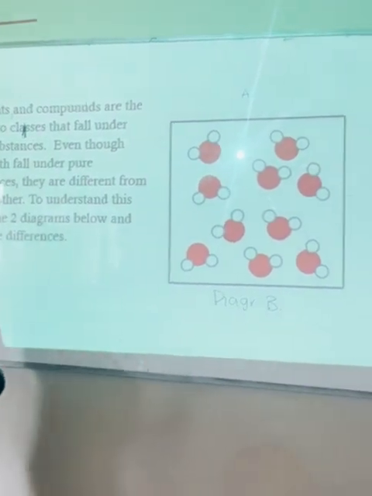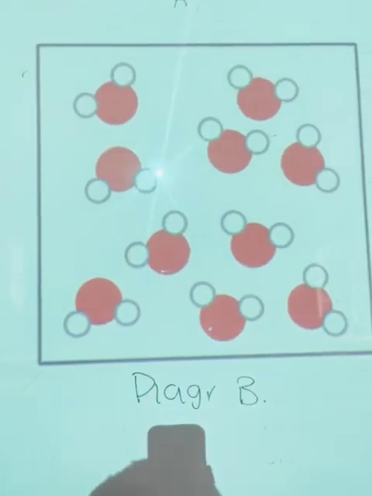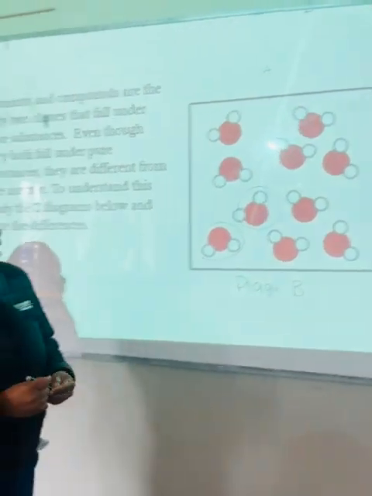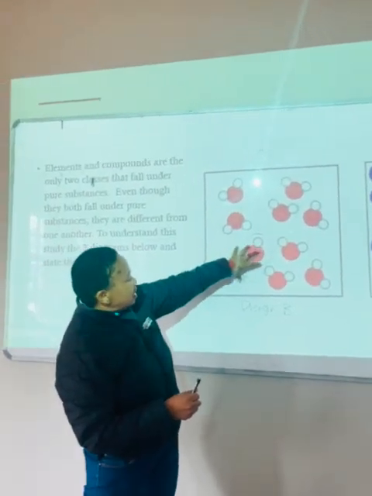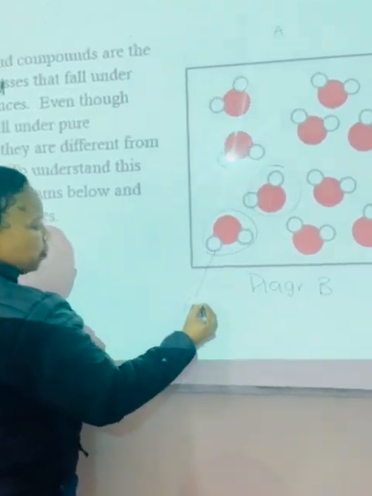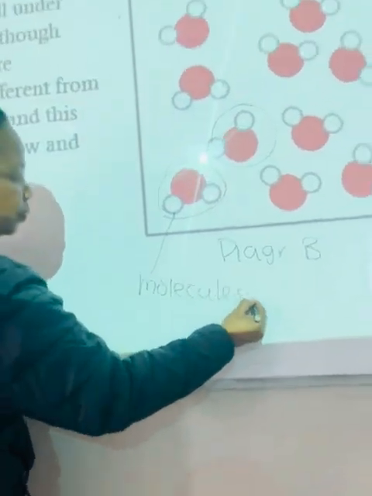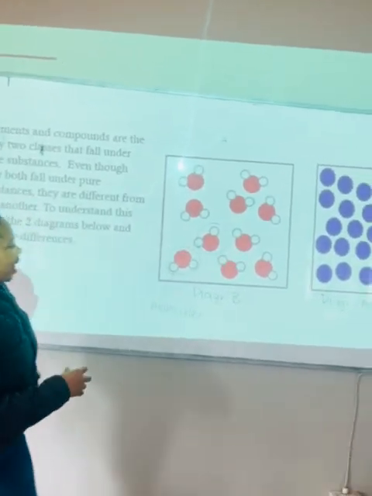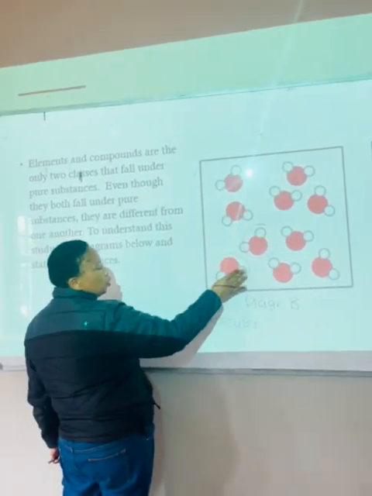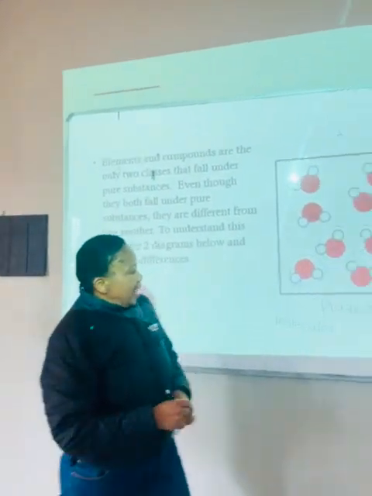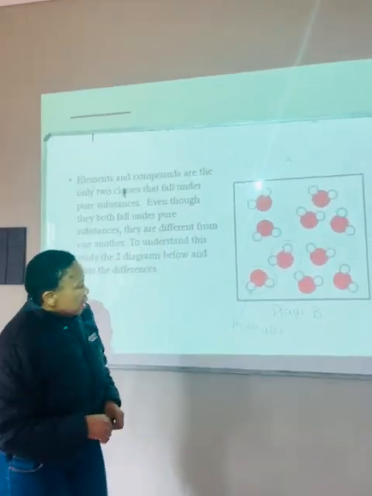Now, going to diagram B, we can see that the atoms are of different kinds. That's the first thing that we can see. And we can also see that they are grouped into little clusters. These clusters we call molecules. So in a cluster, you find two or more atoms bonded together in a chemical bond.